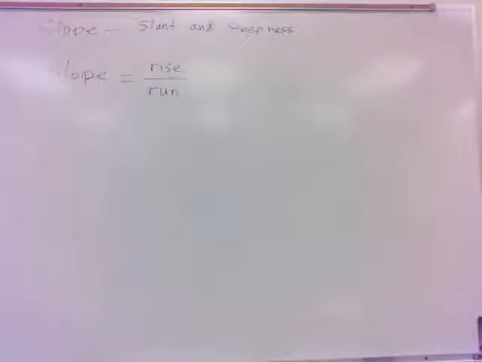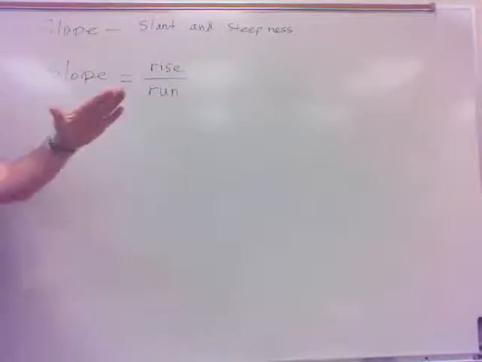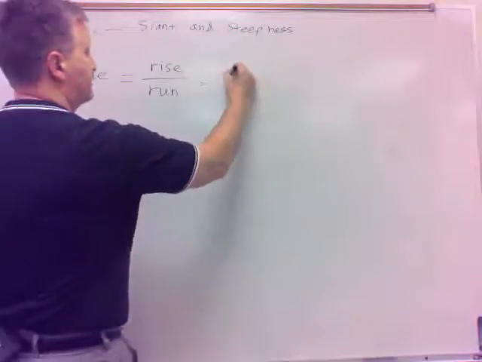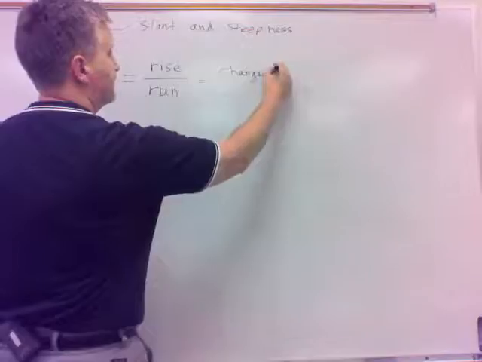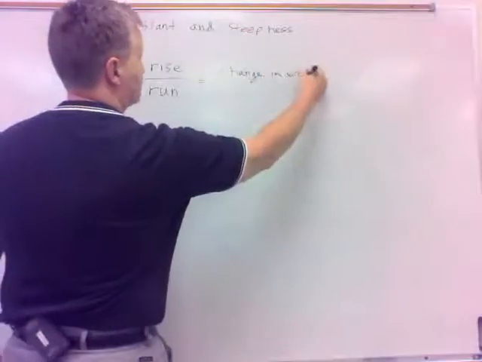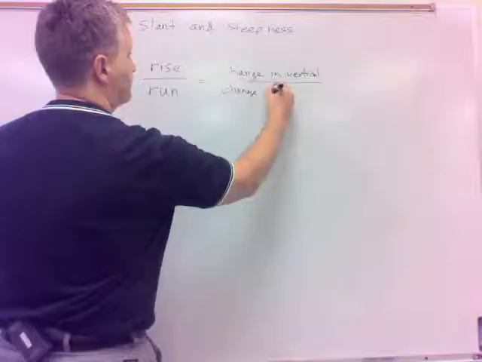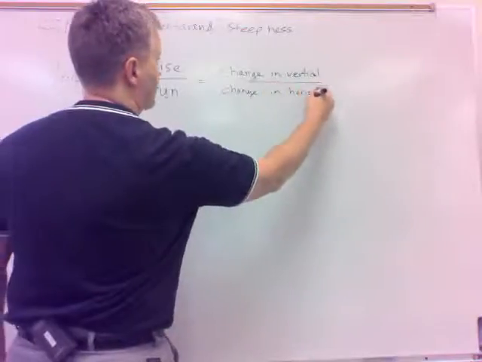It's how much the line rises from one point to another divided by how much it runs for those two points as well. The run is the change horizontally speaking. So it's the change in the vertical divided by the change in the horizontal. That's what we're talking about there.